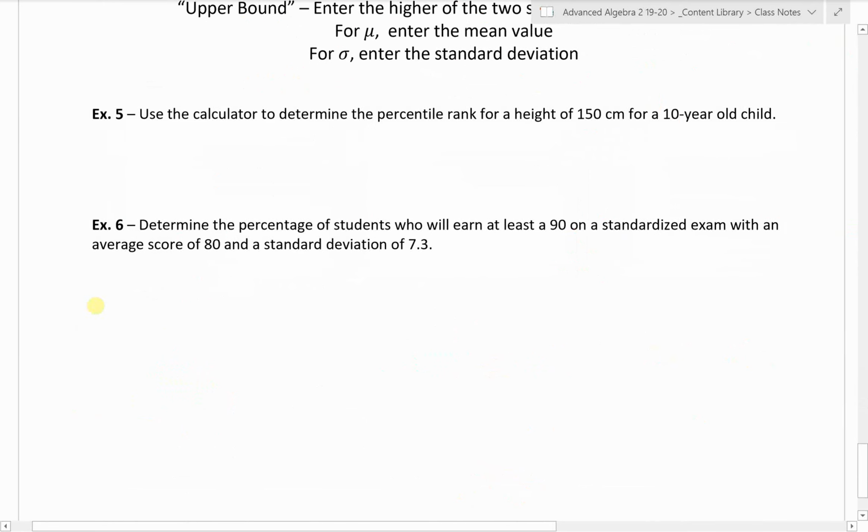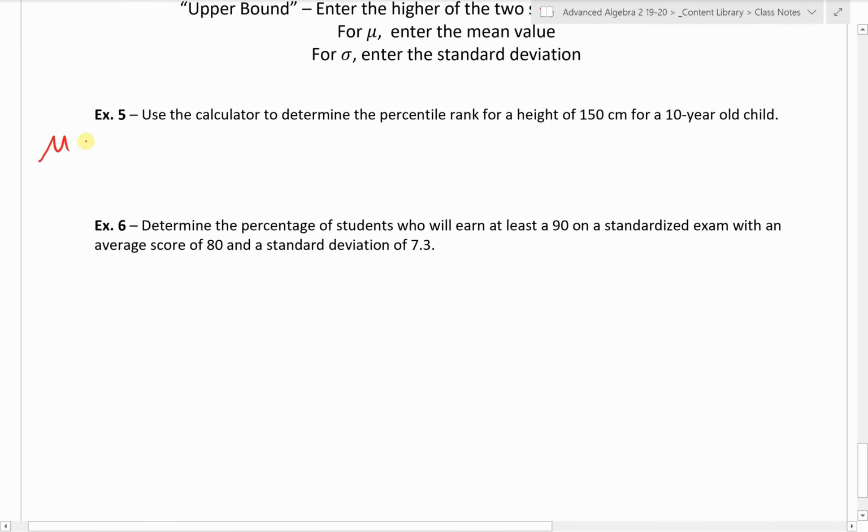Just to talk quickly again about this mu letter. This is the Greek letter mu. It looks like a U with an extra tail hanging a little lower on the left side. It's called mu. This means population average.